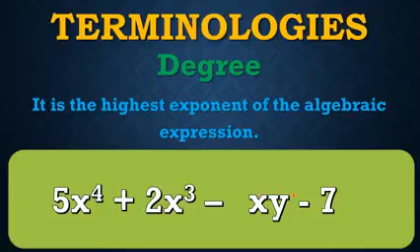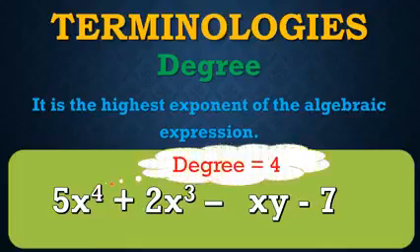So meron tayong dalawang exponent na nasa xy. Okay? So, kung i-compare natin yung mga exponent na to, 4, 3, and 2, ano yung pinakamataas? That is 4. That means our degree of this algebraic expression is equal to 4. Kung ano yung pinakamataas na exponent, that is the degree of the algebraic expression.